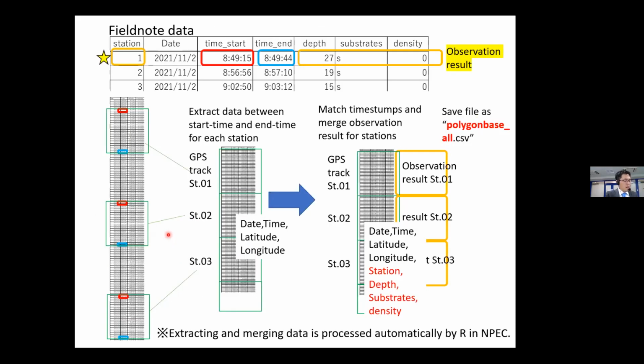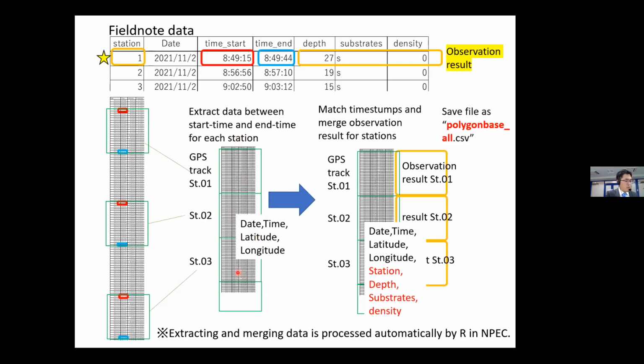This is an image of processing of many points. The location information is extracted between the start time and end time and combined. Extract and combine. It is not enough to combine the location information.